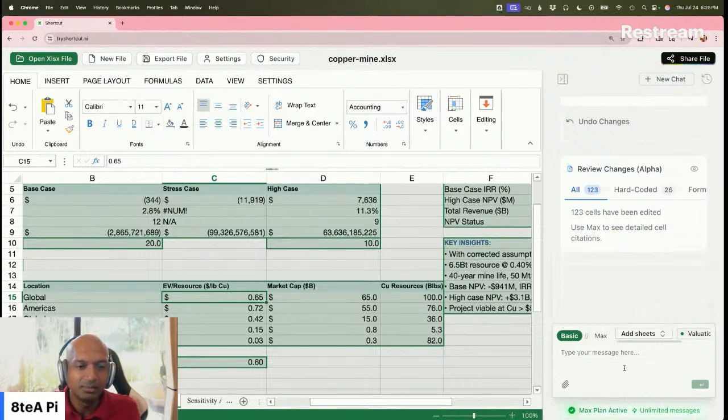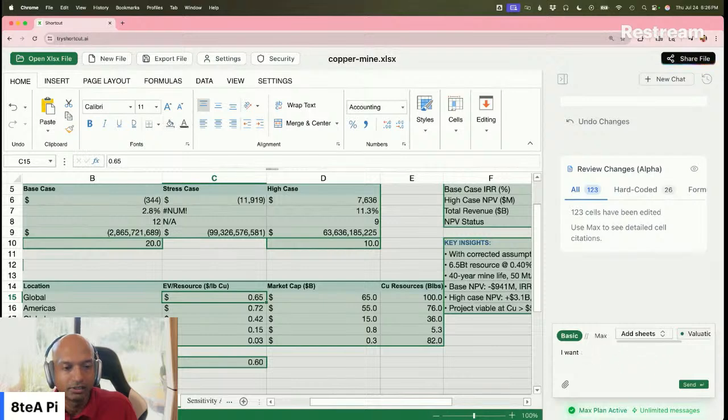So I'm going to start off with this: I want all the raw data in the raw data sheet to be in blue.